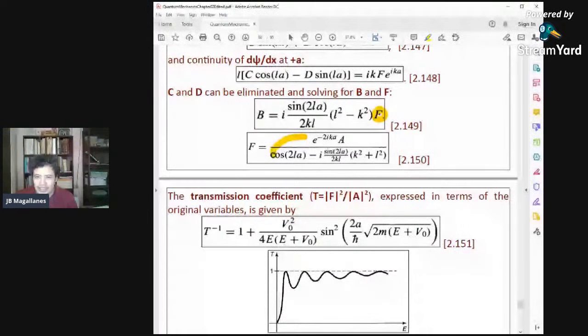You have to replace that, and then you divide B over A, then square, and you will have the reflection coefficient, the R. This is the transmission coefficient. The transmission coefficient is the part of the incident wave that passes through the potential, and the reflection coefficient is the part of the incident wave that is reflected by the potential.